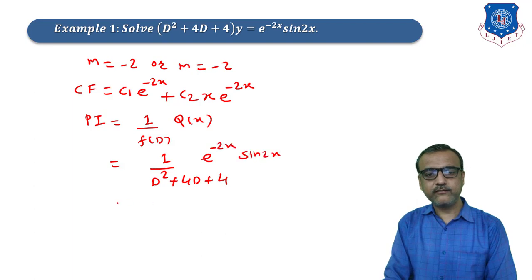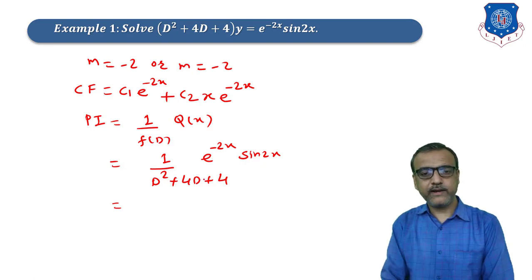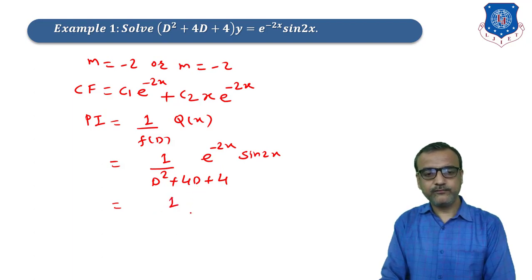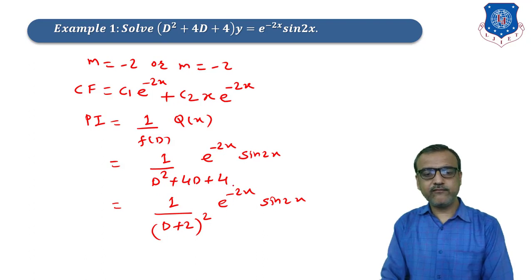Now as all of you can see, this is a problem of case number 4. Here e raised to minus 2x, so the value of a is minus 2, and this is v, which is a function of x. But before applying case number 4, first of all we will write D square plus 4D plus 4 as D plus 2 the whole square, times e raised to minus 2x sine 2x. Now we just replace D by D plus a, and you can see that the value of a is minus 2.